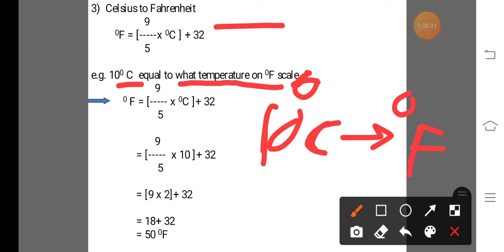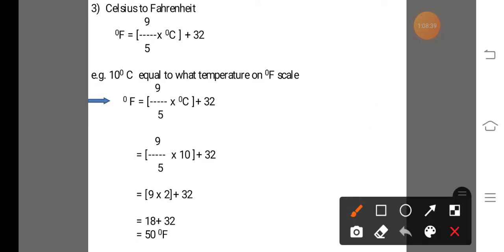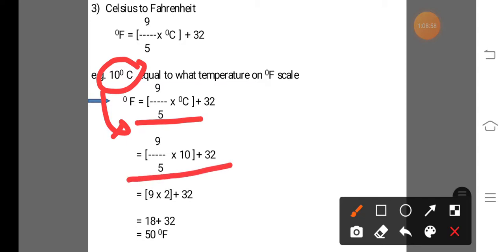So for calculation of temperature in degree Fahrenheit, use the formula. The formula is degree Fahrenheit is equal to, in bracket, 9 by 5 into degree Celsius, bracket completed, plus 32, and put in the given value, that means the degree Celsius value, in the formula. After putting it in, we first solve the bracket.